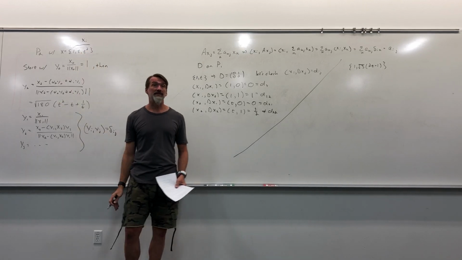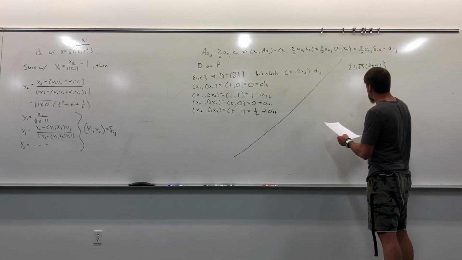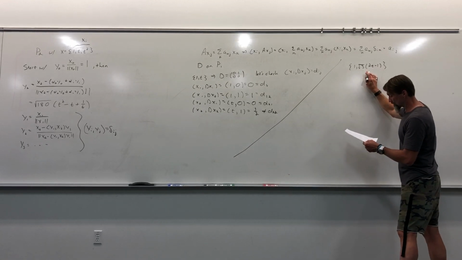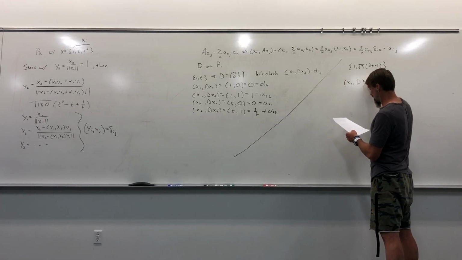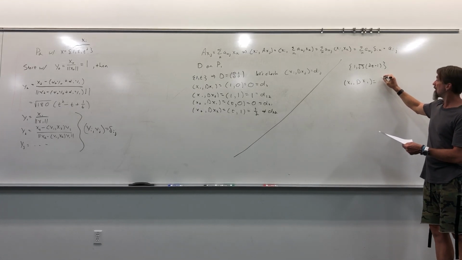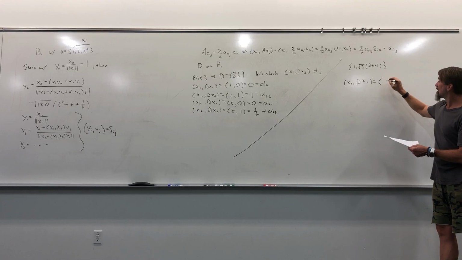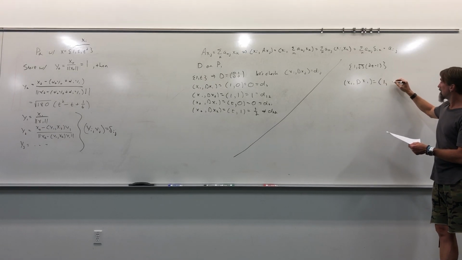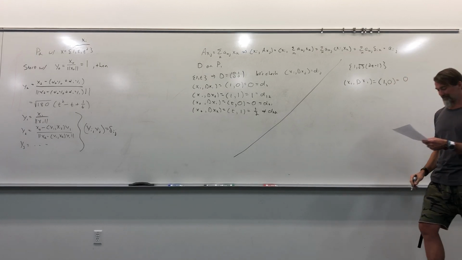Okay, so there's many different ways to do it. All right, so let's check it out now. So with this basis, which is orthonormal, we have x1, Dx1 equals, what's x1? 1. What's Dx1? 0. That equals 0. Okay.